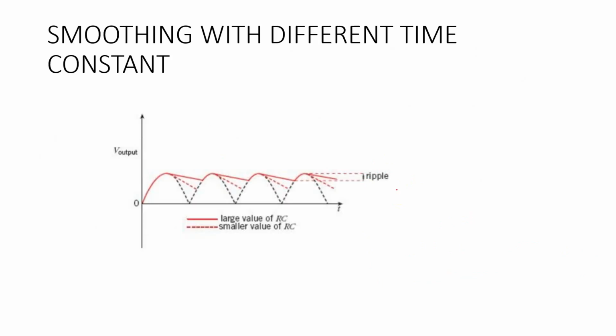All right. Now this is what we talked about just now. If you have a very large time constant, which is your RC value, the resistance times the capacitance, as you can see, the thick line right here is showing us that we have a very high RC value, which means that it's going to take a much longer time to discharge.